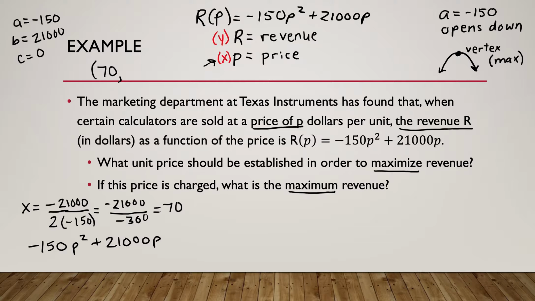So if x is equal to 70, that means p is equal to 70, and we're going to plug it in. So I'm going to come here, and where there's a p, I'm going to substitute in a 70. And also back here where this other p is, I'm going to substitute in a 70.